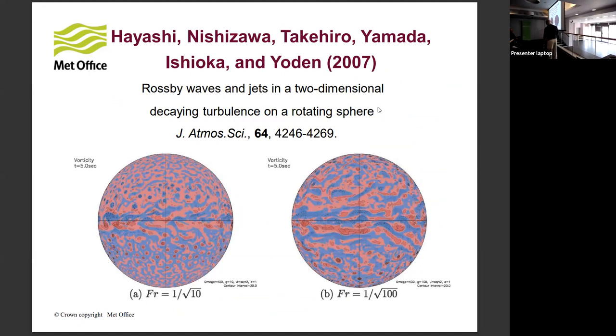This is a paper by a gentleman from Japan, and they take the same Rossby number, the same rotation rate, in both plots. Here you've got a small Froude number, which is something near the QG limit, at a particular latitude. And here you've got a larger Froude number, which is more like a Rossby number of half, the semi-geostrophic limit, which is away from the equator.